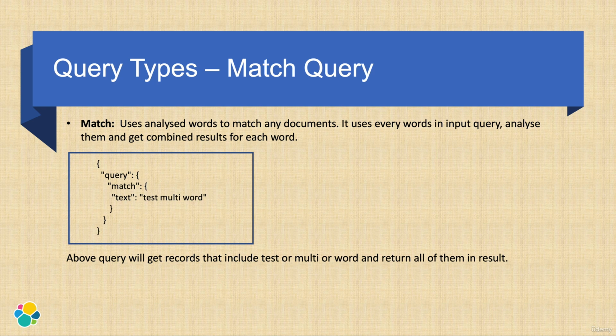Let's go over the types of queries that Elasticsearch offers. Match query uses analyzed words to match any documents. It takes every word in the input query, analyzes them, and gets combined results for each word. So this query will get records that include test or multi or word, and then return all of them in the result.